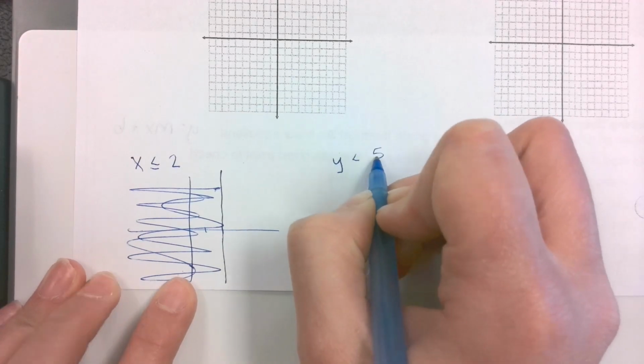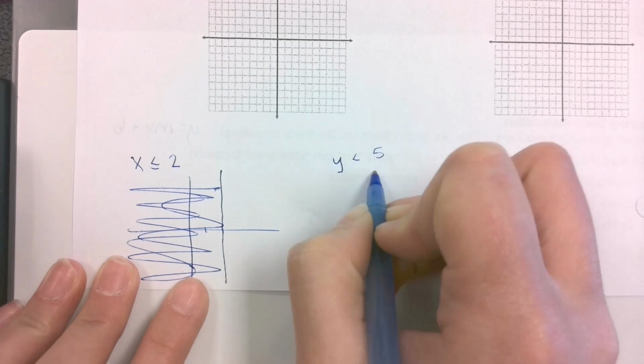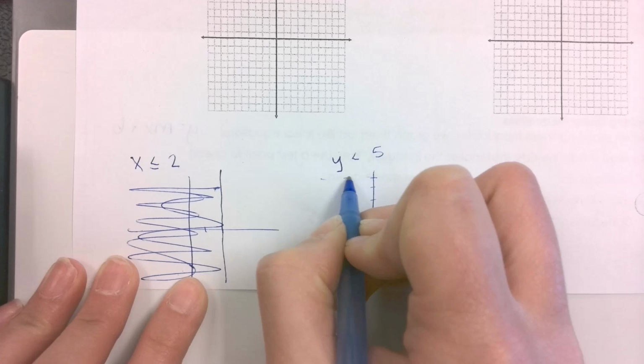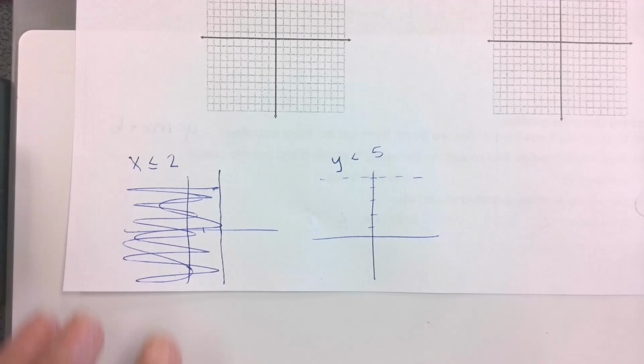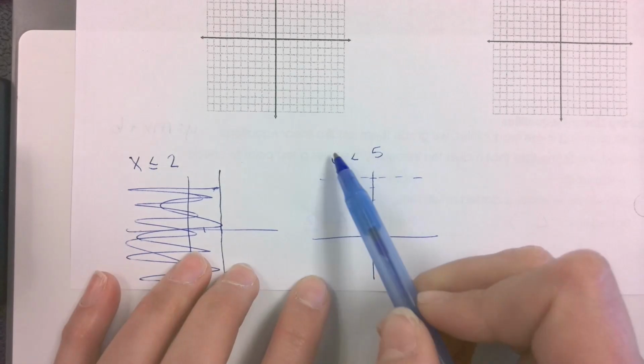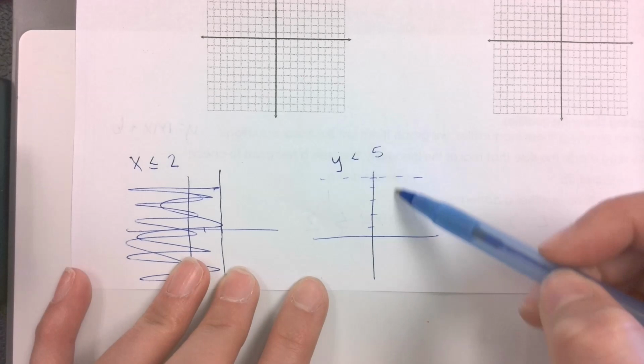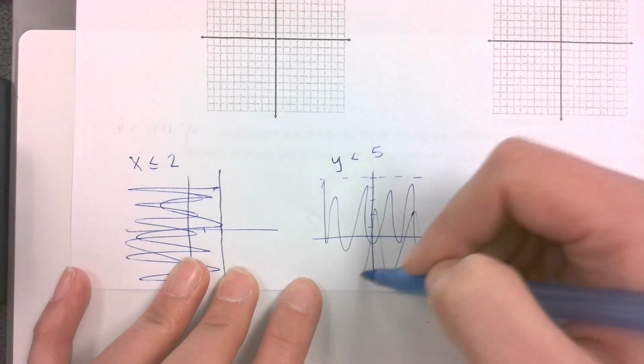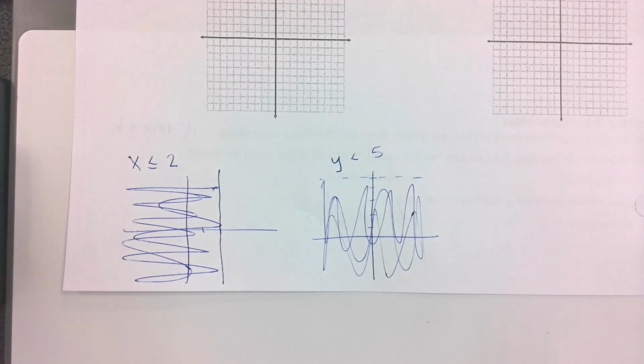So we got our little graph going on here. 1, 2, 3, 4, 5. We're going to have a dotted line horizontally. And it says y is less than. So does that mean shade above or below? Below. So you think we're going to go this direction? Down. Below the line. Everything below. Is that okay? Do we kind of get how those work?